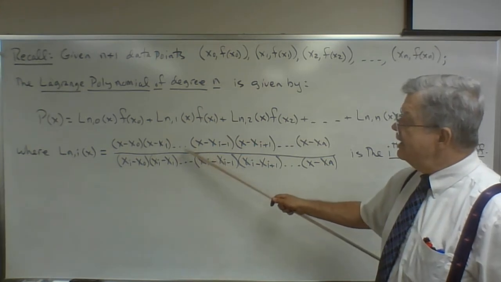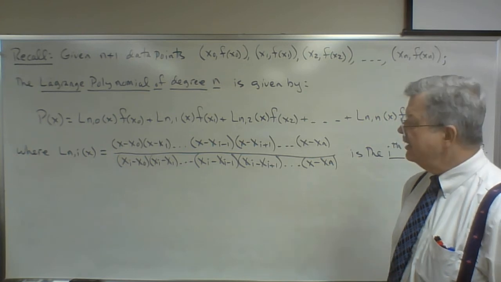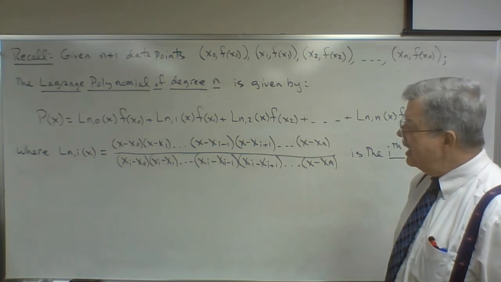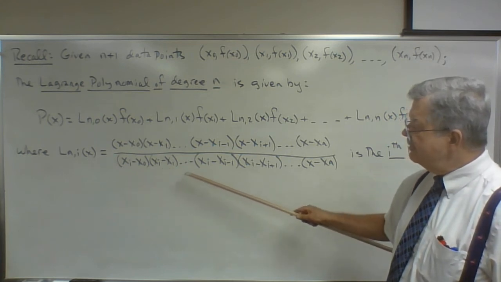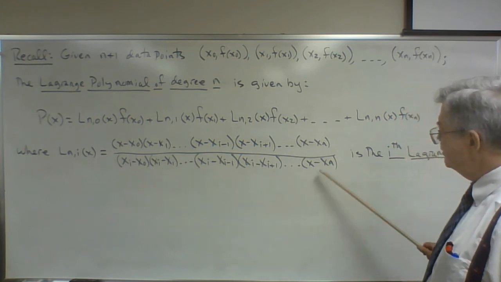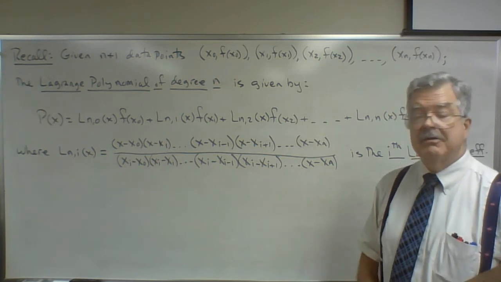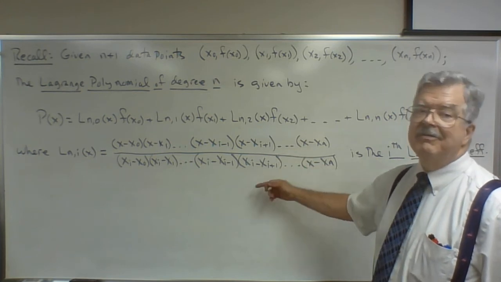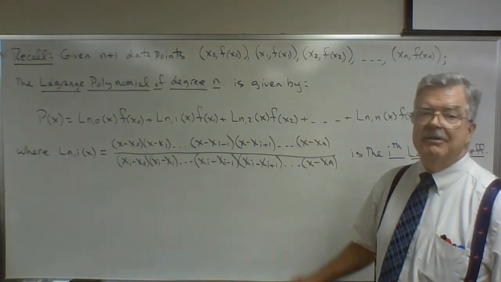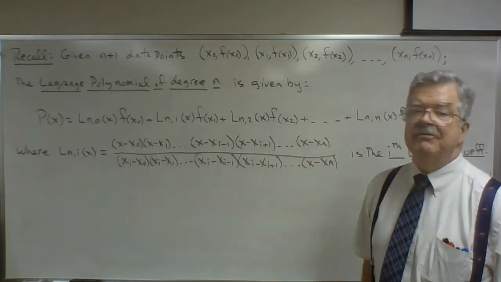The numerator of this expression is an nth degree polynomial. Now, what does the denominator look like? We have constant times constant times constant times constant times constant. Oh, the bottom's just a constant. So we have an nth degree polynomial divided by a non-zero constant. This whole thing is a polynomial of degree n.